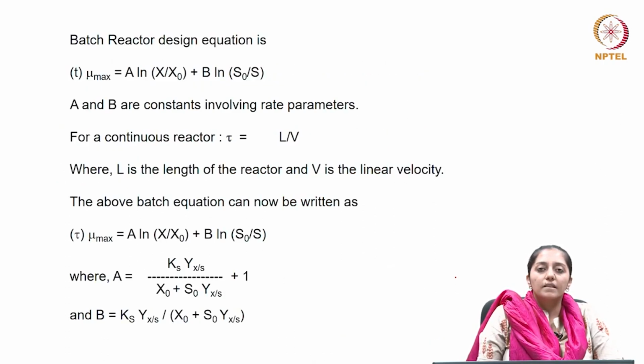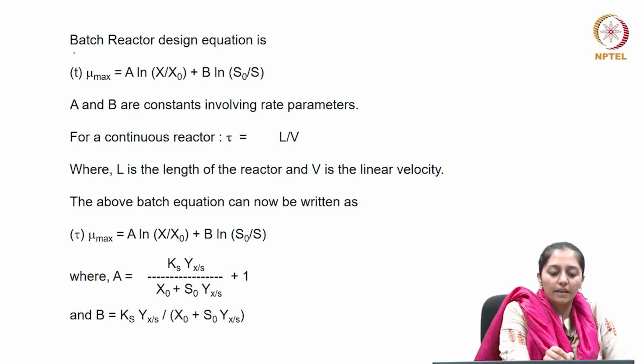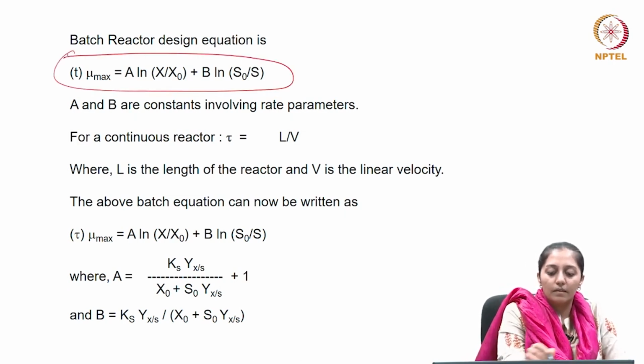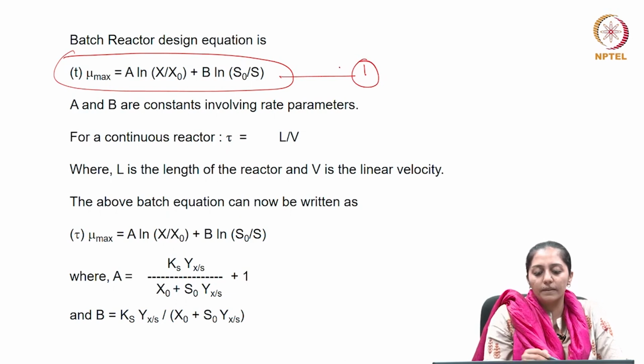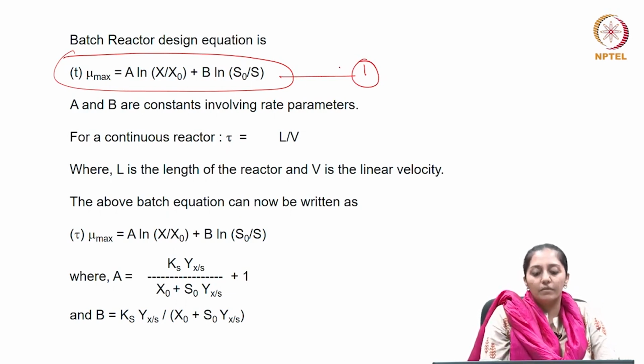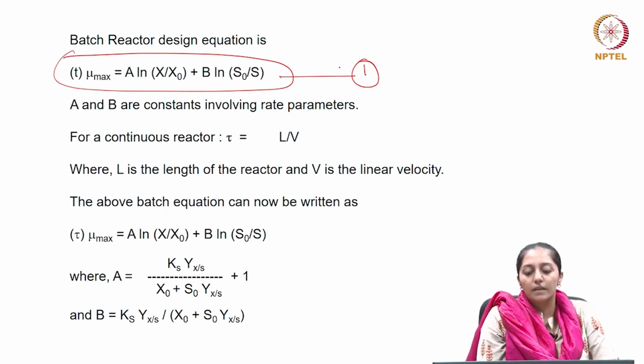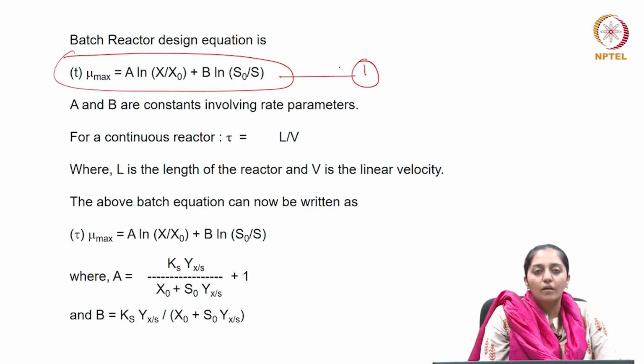For the batch reactor design, we have already established the design equation as shown on the slide, given as equation 1, where A and B were constants which involved rate parameters. For a continuous reactor, the residence time of this plug flow reactor can be given as L by V, where L is the length of the reactor and V is the linear velocity.